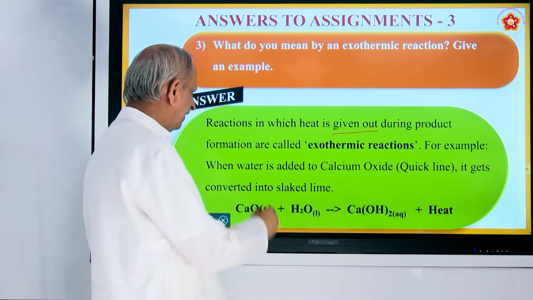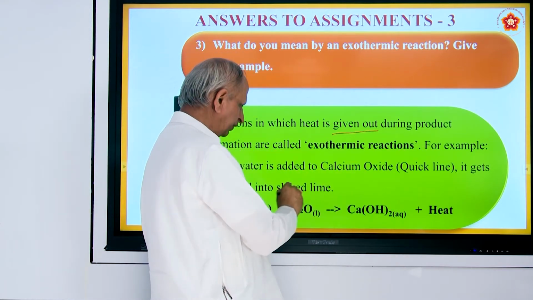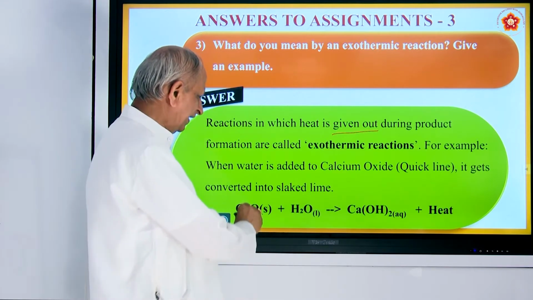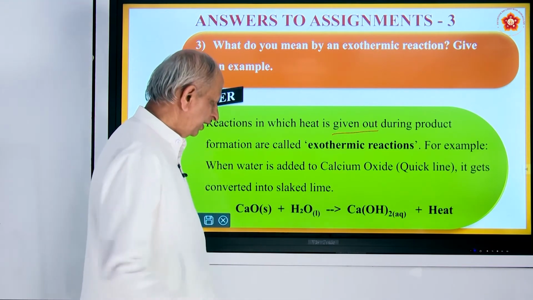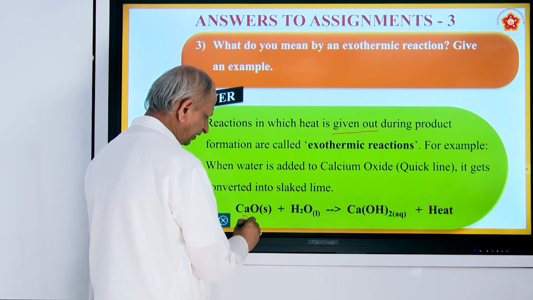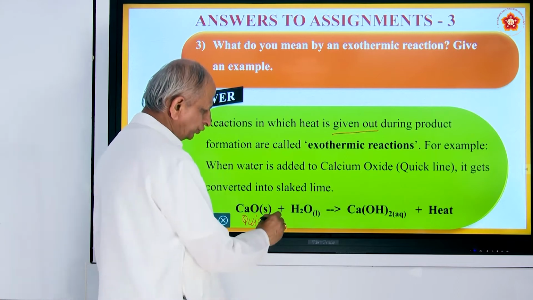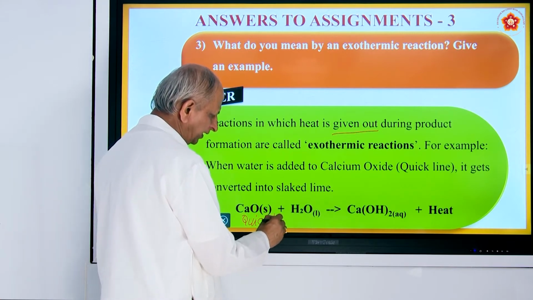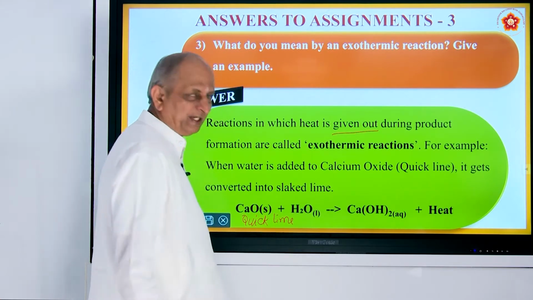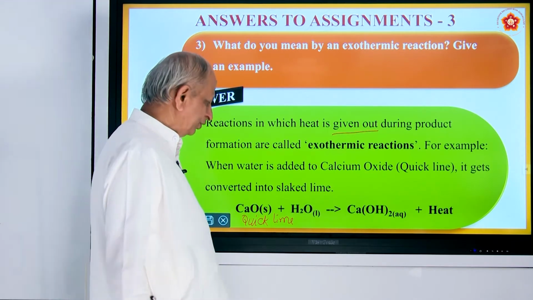For example, when water is added to calcium oxide, quicklime, it gets converted into slaked lime. So calcium oxide is also called quicklime. You might have seen your grandparents using it, those who have the habit of eating betel leaves. Is it not? What do they do?